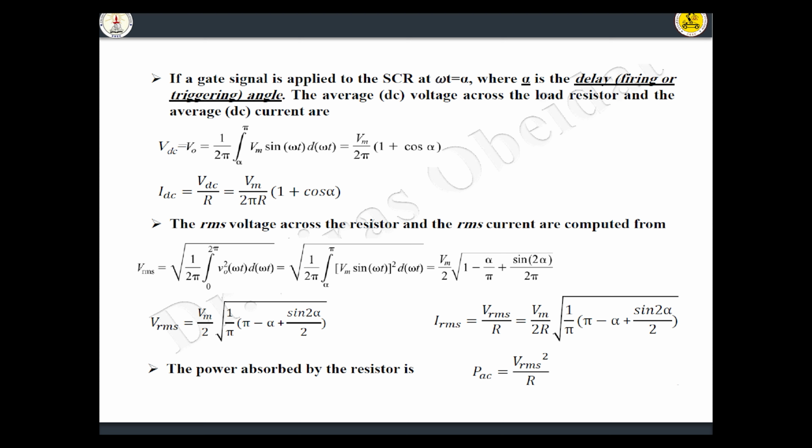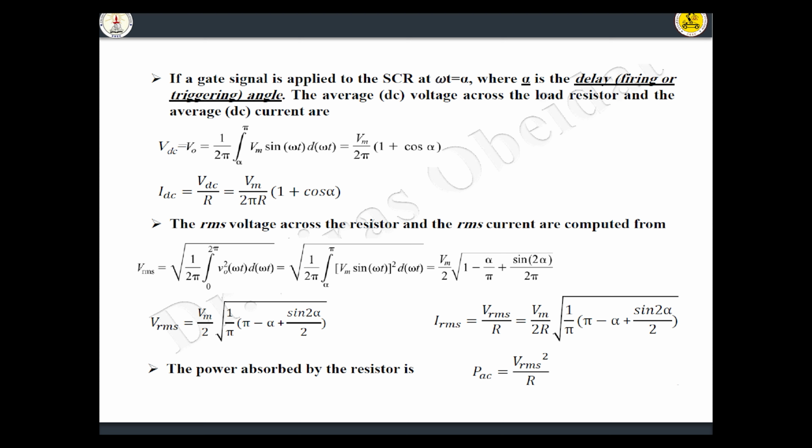By using the trigonometric identity for sin squared omega t in terms of cos 2 omega t, we find Vrms equal to Vm by 2 times the square root of 1 minus alpha by pi plus sin 2 alpha by 2 pi. After simplification, we get Vrms equal to Vm by 2 times the square root of 1 by pi into pi minus alpha plus sin 2 alpha by 2.